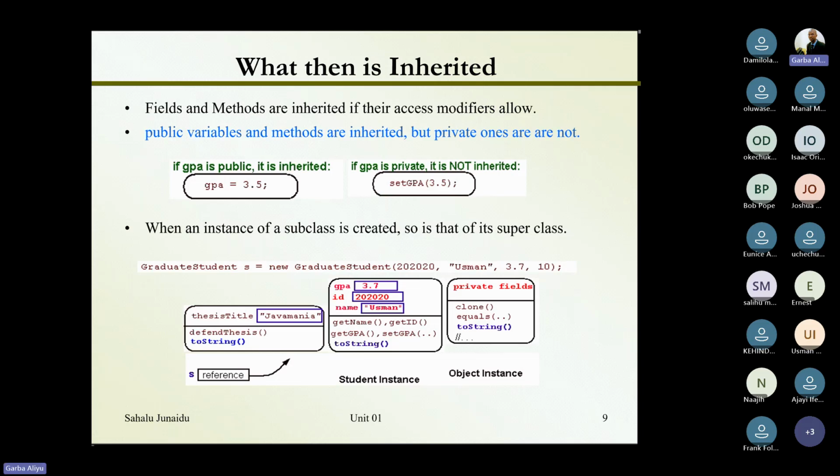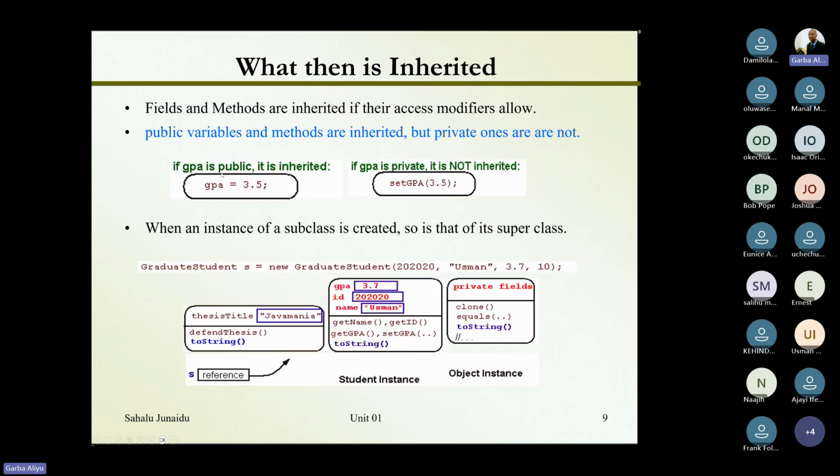Then what can be inherited, what cannot be inherited. Remember, we said any public thing can be inherited, the private things cannot be inherited. And when we talk about this, we are dealing with a memory where data values will be stored. So where you have a memory, data will be stored, like 3.5 here, stored in this memory.